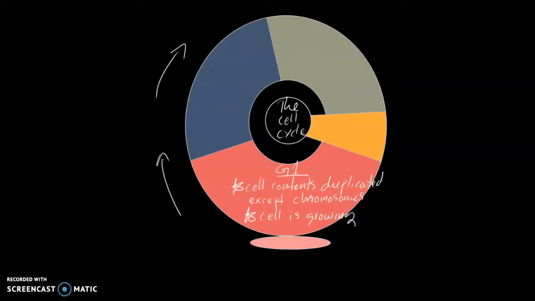The next phase is the S phase. The S actually stands for synthesis. So once we enter this phase, each of our chromosomes start to duplicate themselves, and the way they do that is through a process called DNA replication.